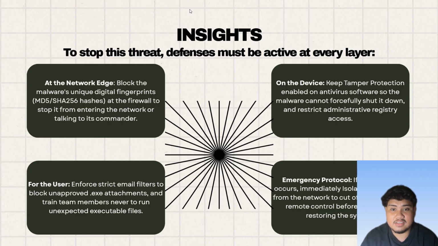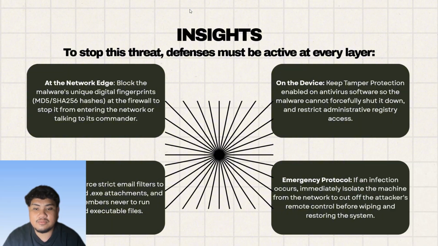On the device, keep tamper protection enabled on antivirus software so the malware cannot forcibly shut it down, and restrict administrative registry access. For the user, enforce strict email filters to block unapproved .exe attachments and train team members never to run unexpected executable files.